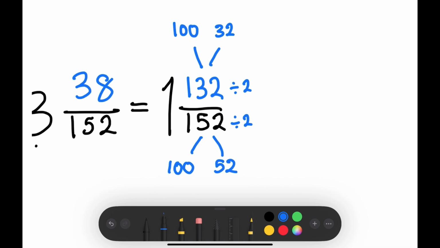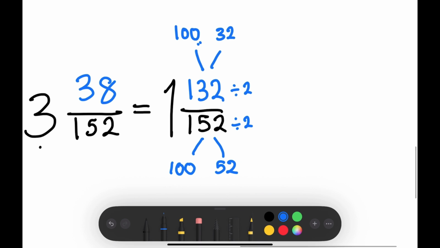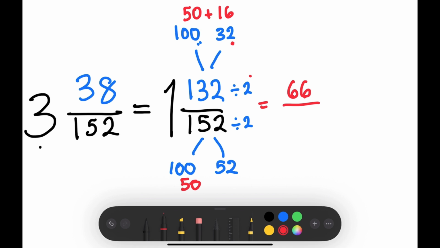I know that 100 divided by 2 is, and I'll write this in a different color, 50. And 32 divided by 2 is 16. So I'll just add that, which gives me 66. Now, I know 100 divided by 2 is 50, and 52 divided by 2 is 26. Let's add that. That would be 76.